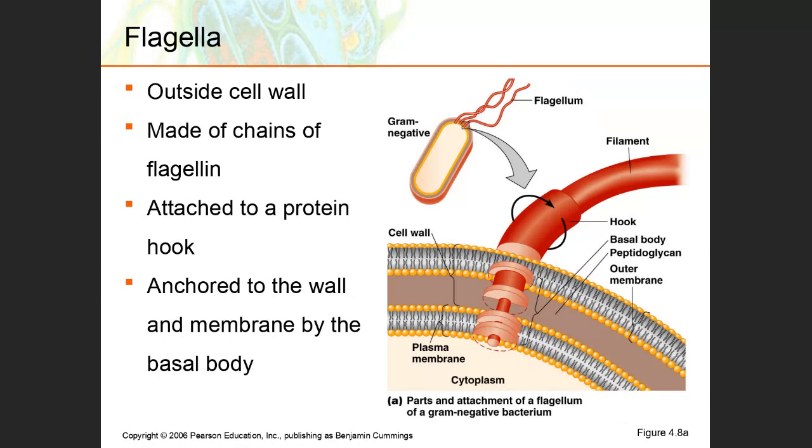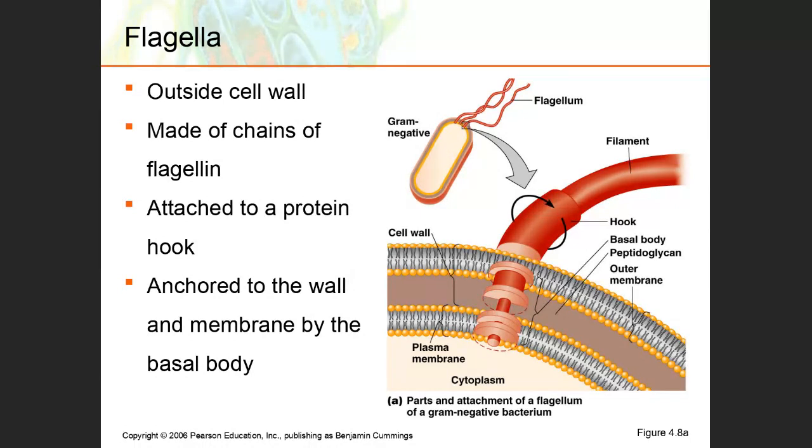Now, flagella are protein structures used for movement. And the technical term is motility with a T. And we're not going to go into this, but flagella are actually very fascinating molecular motors because they have to move that flagellum back and forth.